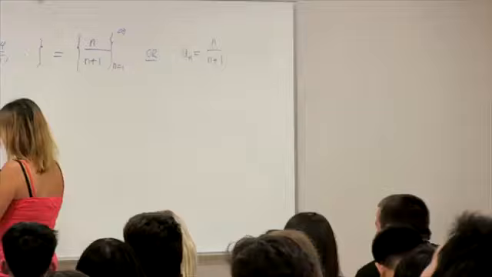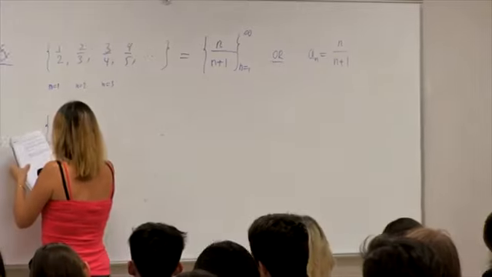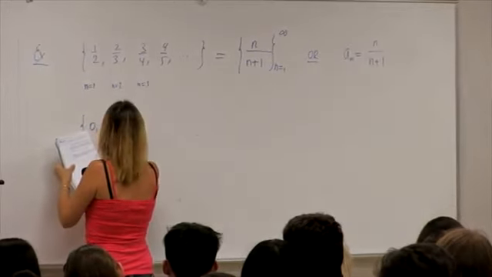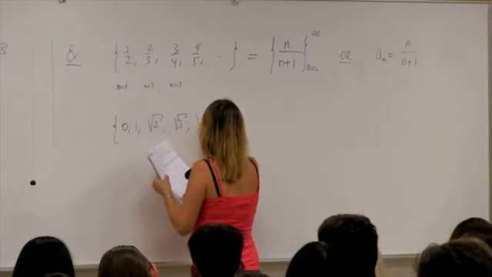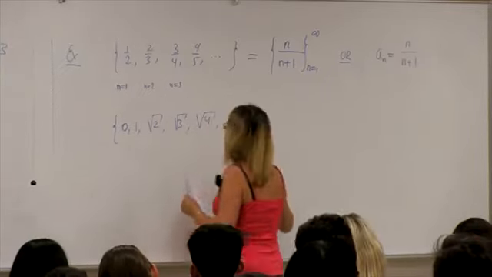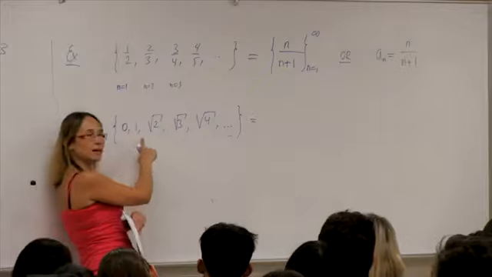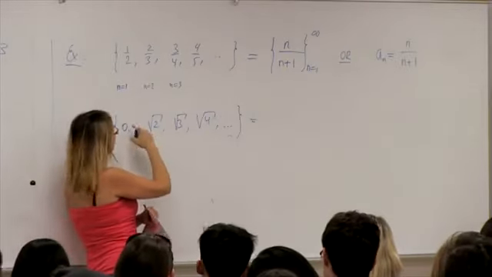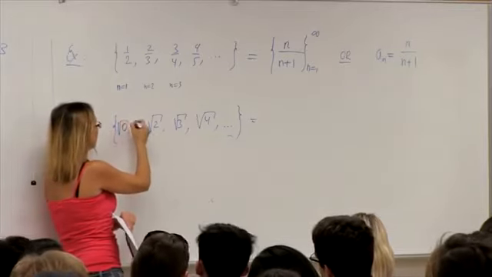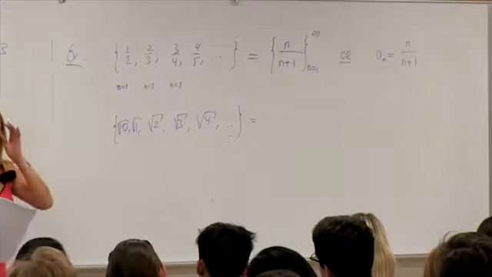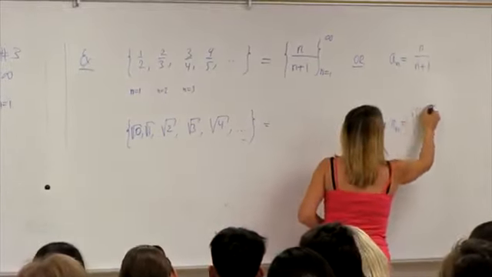How about this one? 0, 1, square root of 2, square root of 3, square root of 4, like this. Okay, so you can see that there is a pattern here too, because even though it looks like the square roots start from the third one, really we can put them here too, right? These are all square roots. So we can say that an is going to be a square root of something.